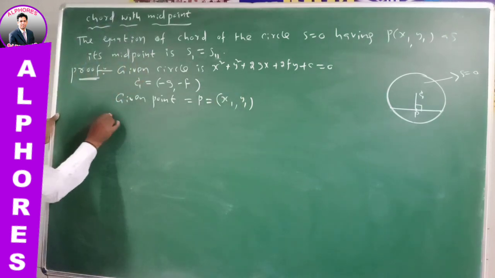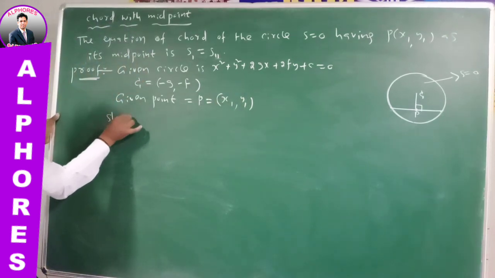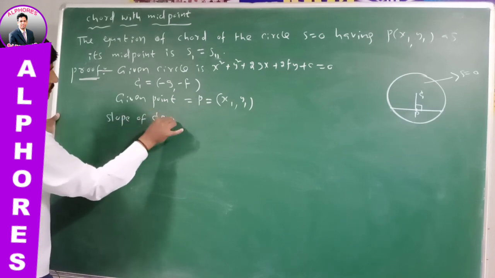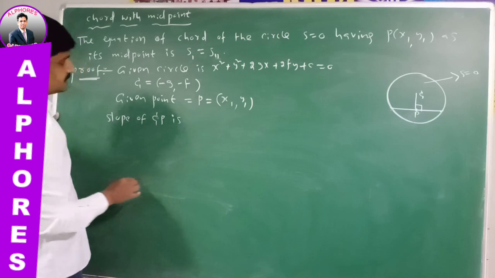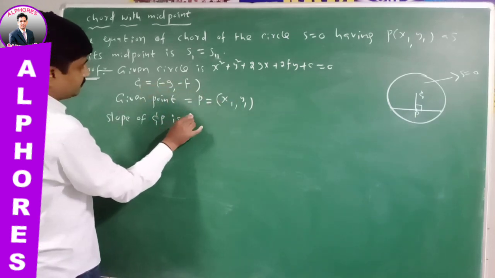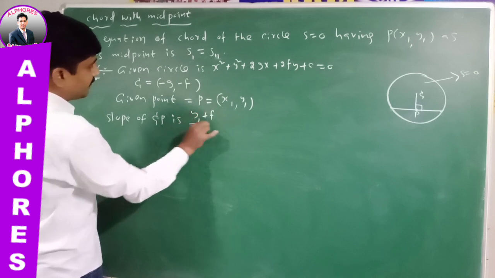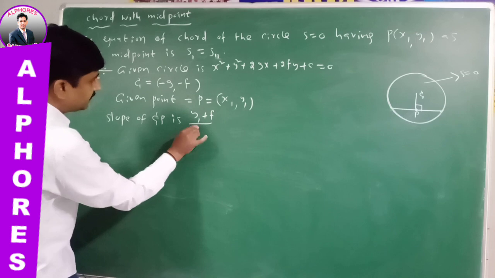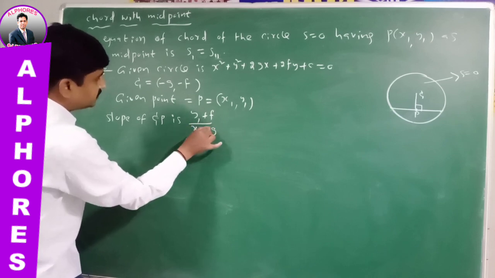First find the slope of CP. Slope of CP is (y2 minus y1) by (x2 minus x1), so the slope of CP is (y1 plus f) by (x1 plus g).